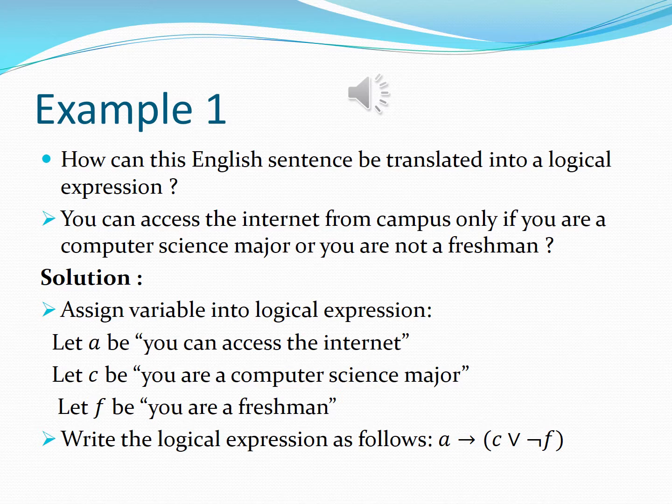To write this as a mathematical expression, we say if A, then C or negative F. This is the expression that we can get if we translate this sentence into a mathematical expression.